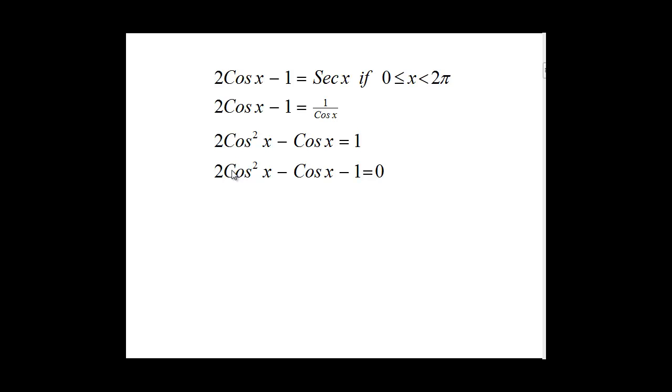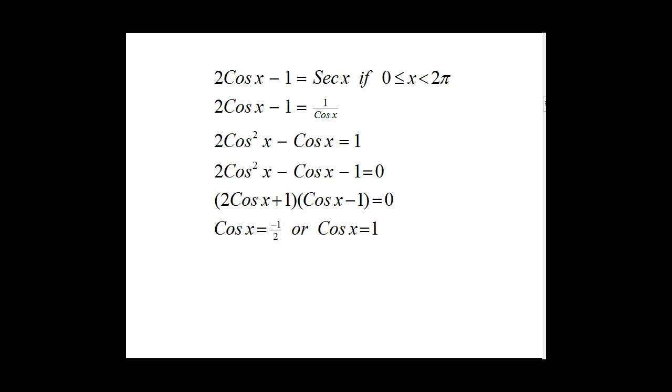This will factor into 2 cosine times 1 cosine, and minus 1 times plus 1. And you can check it: negative 2 cosine if you do the outsides, and positive cosine, which adds up to negative cosine. Okay, then if you set each of these equal to 0, you'll get cosine equals: subtract 1 and divide by 2, and add 1.